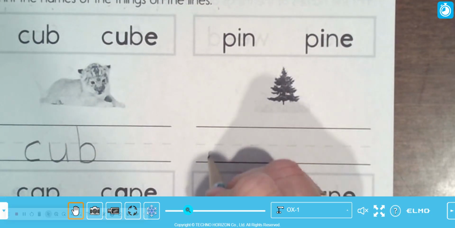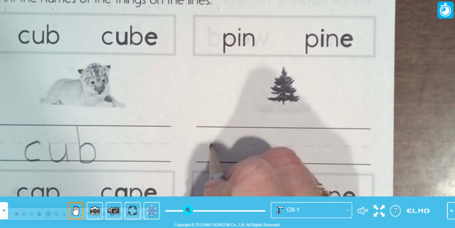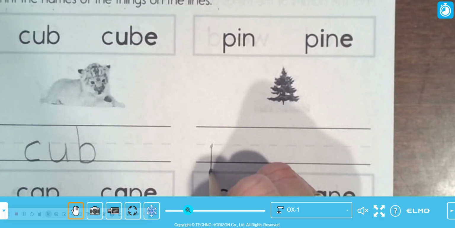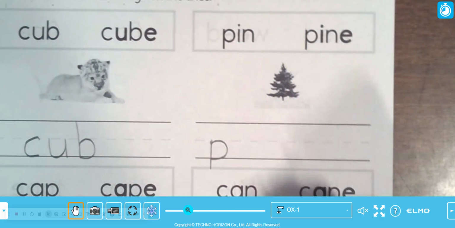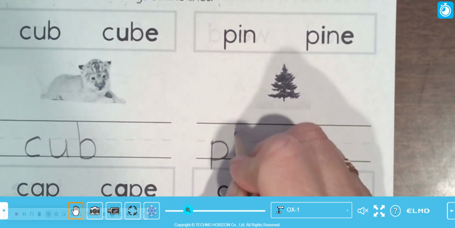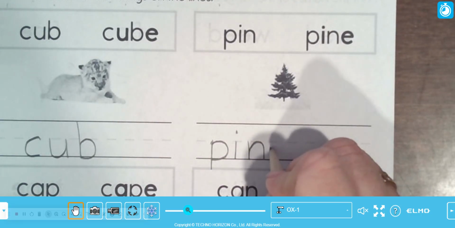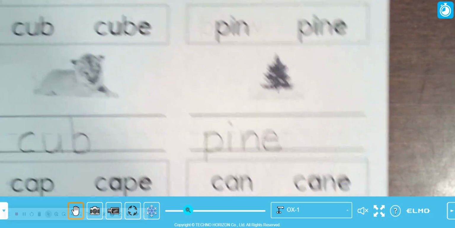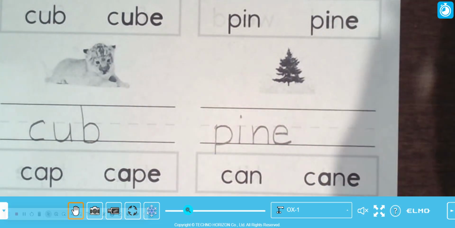Here we go. Start here at the dashed line. You're going to make the P go down, back up the stick, turn, then the I, then the N, then the E. And as you finish writing down the word pine, I'm going to use that word in a sentence.